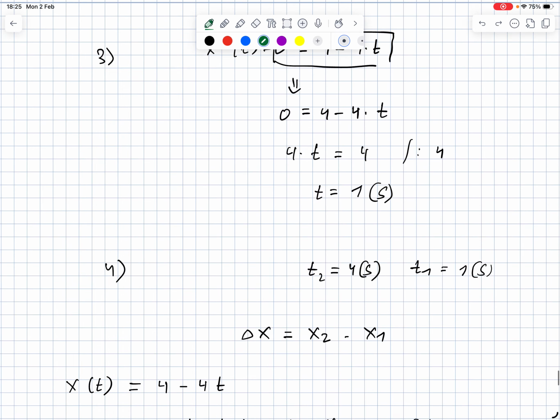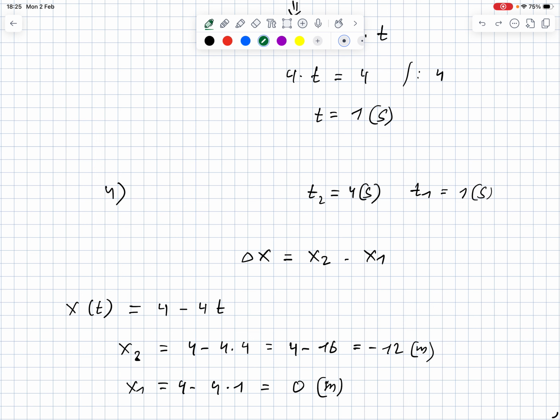We can also calculate the displacement when we know that the initial time is 1 second and the final time is 4 seconds. The definition to calculate the displacement is given by final position minus initial position. To calculate the final position at a time of 4 seconds and the initial position at a time of 1 second, again, we're going to use this expression that we calculated a few minutes ago.